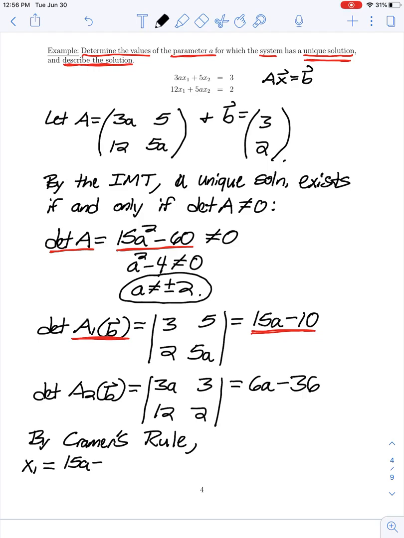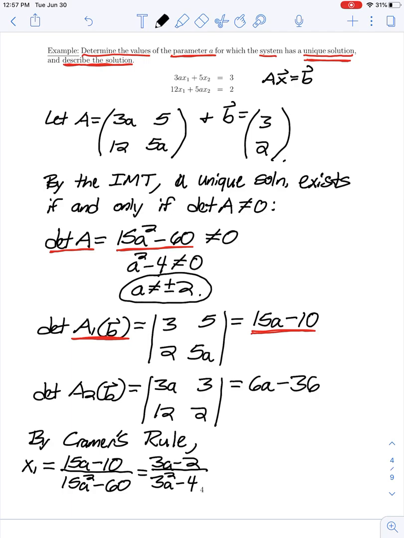So we have 15A minus 10 over 15A squared minus 60. And we see, of course, we could divide top and bottom through by 5 and simplify. So if we divide top and bottom through by 5, we have 3A minus 2 over 3A squared minus 12. Dividing 60 through by 5, we should have a 12 there, not a 4.